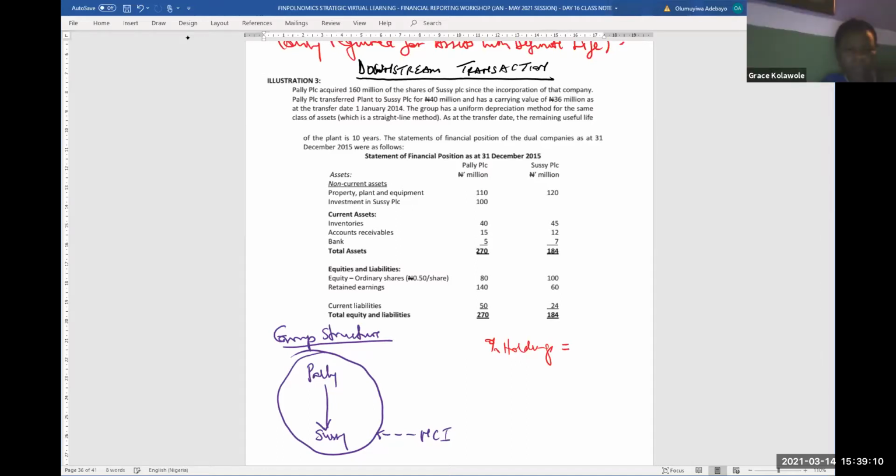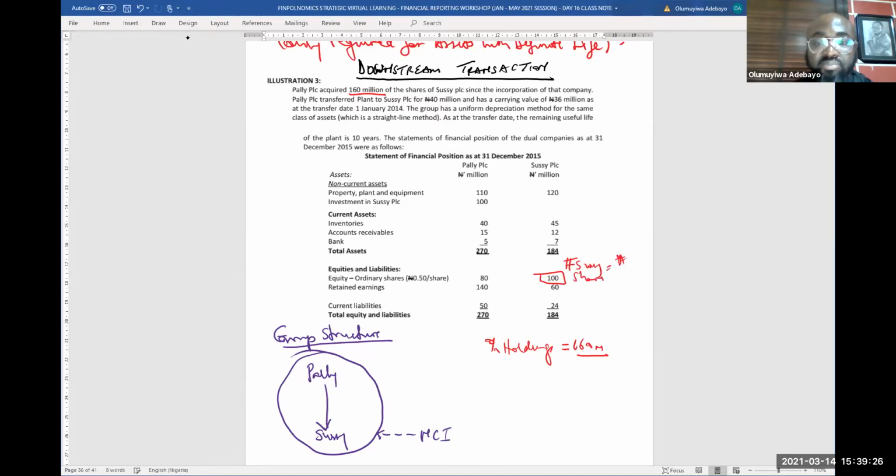You acquire 160 million. Out of how many shares? We don't know, but this is share capital. The number of Suzy's shares will now be the 100 million divided by what? 50 kobo a share.